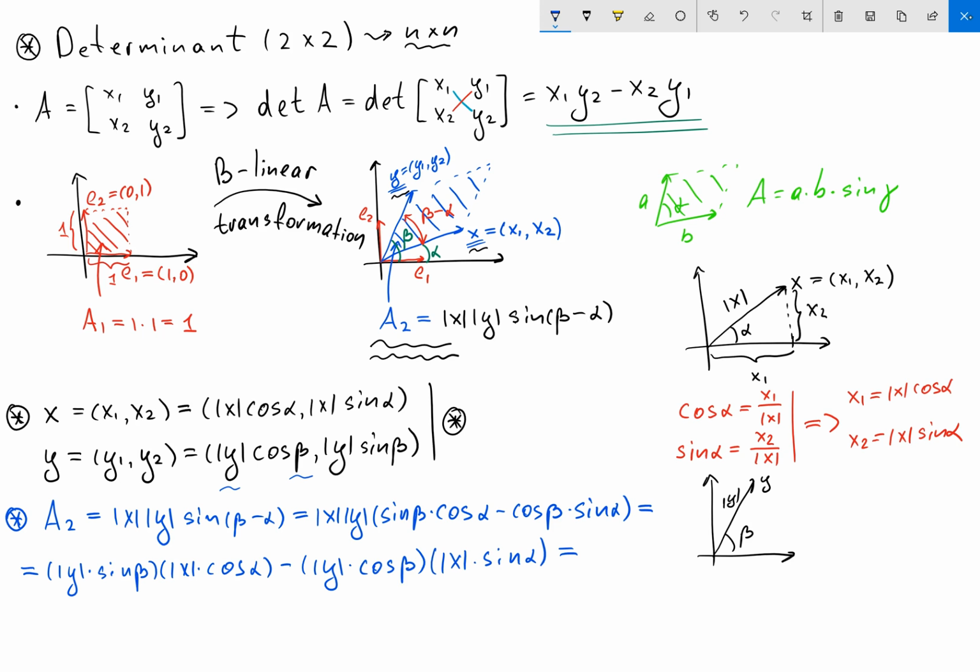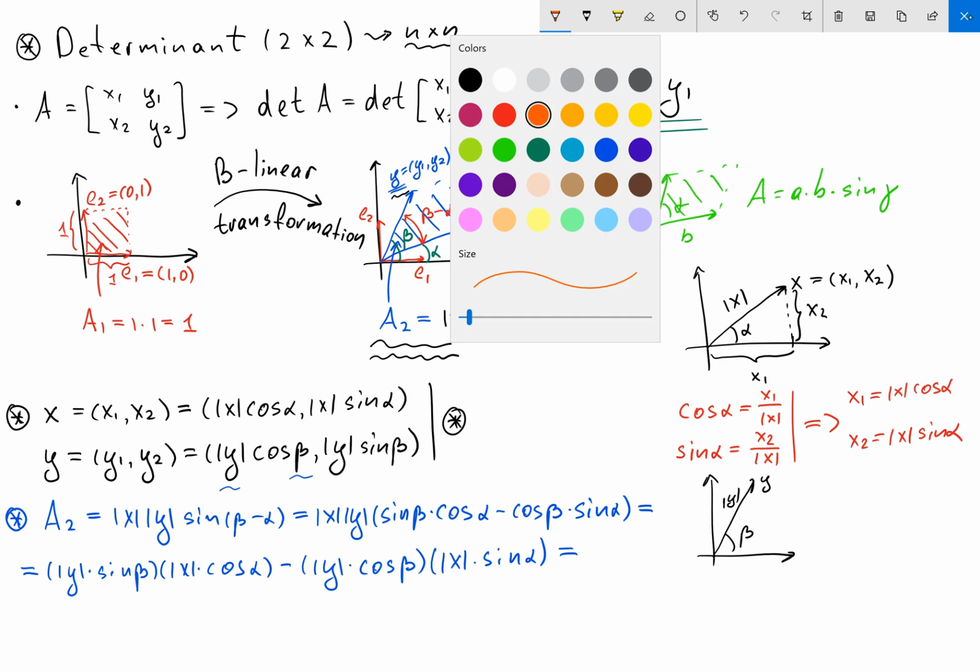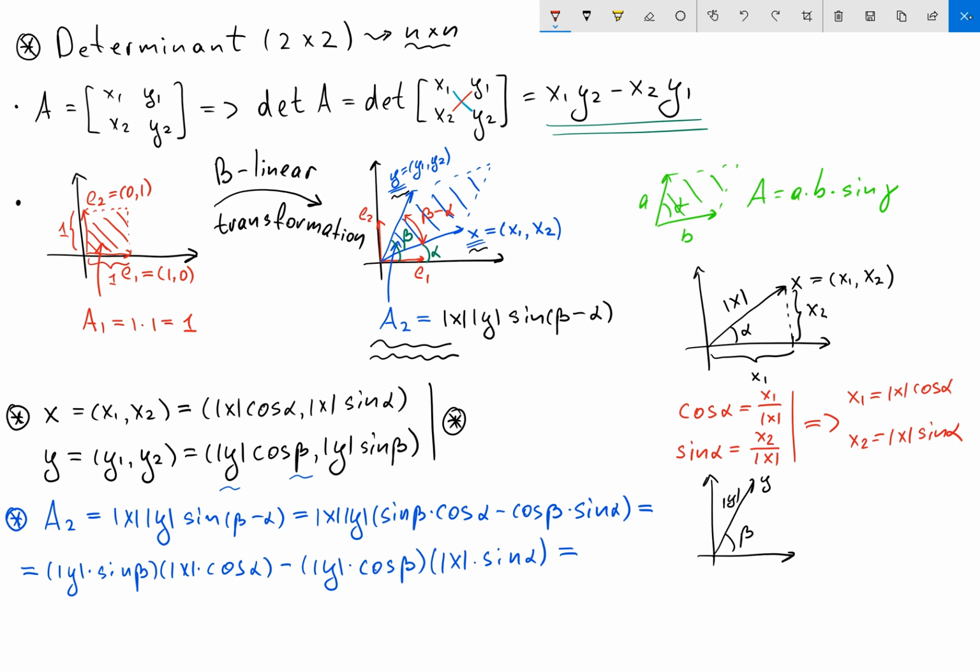And let's pause for a second. Let me use a red color. Cool. And you can see that this thing is actually equal to y2. This expression is equal to x1, this expression is equal to y1, and this expression is equal to x2.